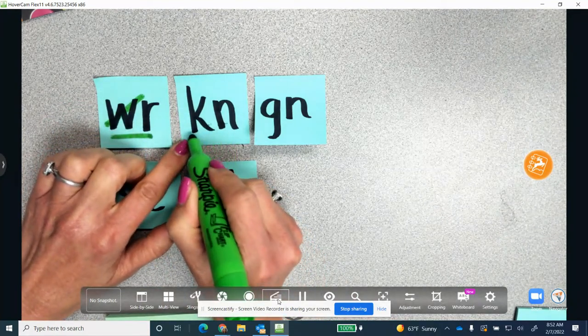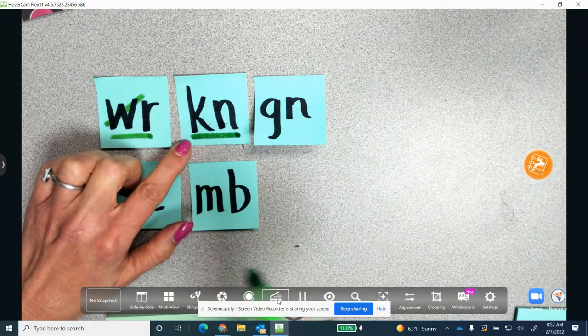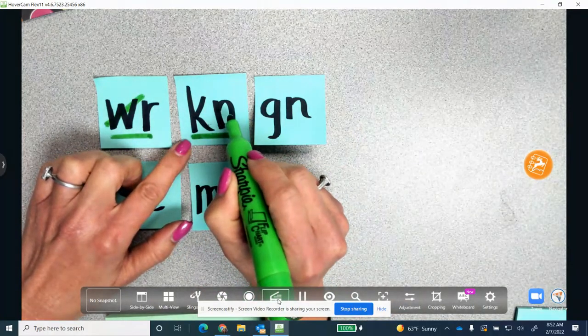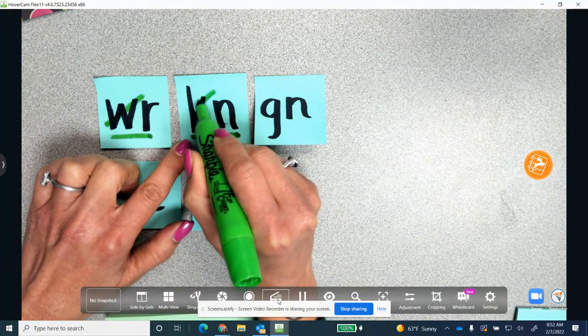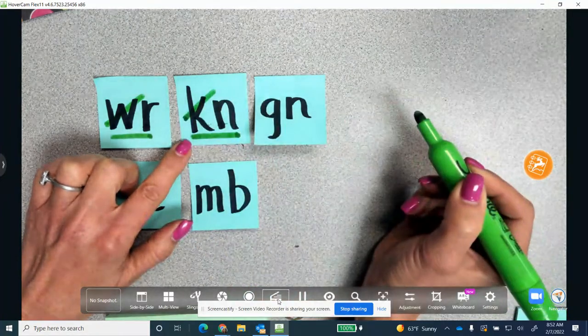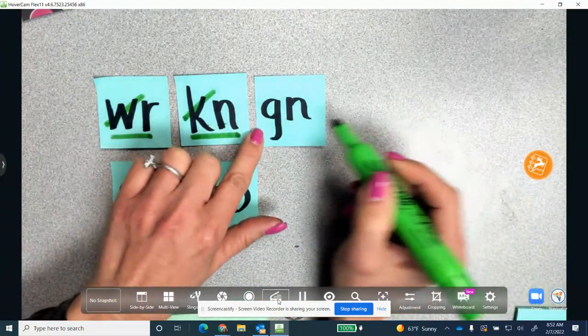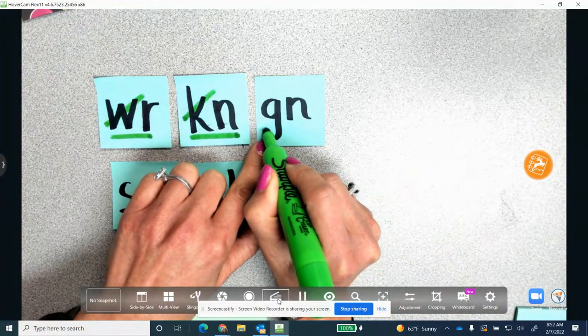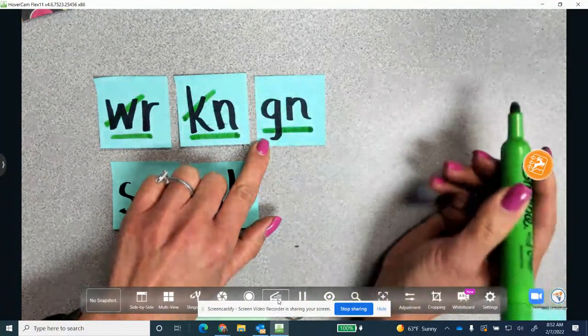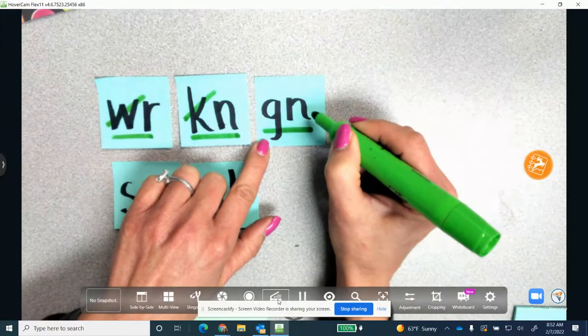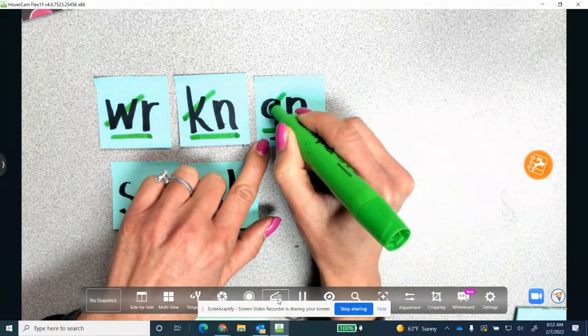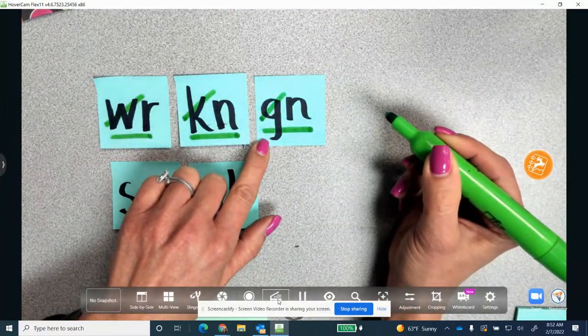This spelling pattern, digraph, says N, where the K is silent. This spelling pattern, digraph, says N, and the G is silent.